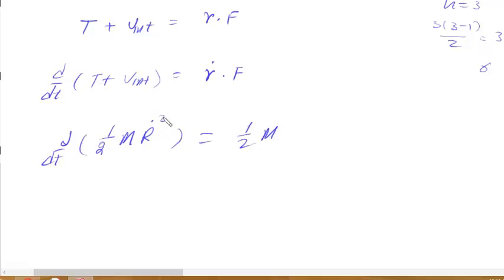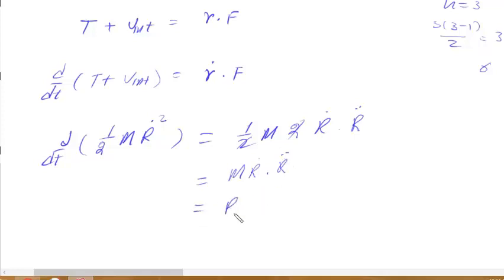The derivative gives R dot times R double dot, so the 2 cancels and this is equal to M R dot R double dot.